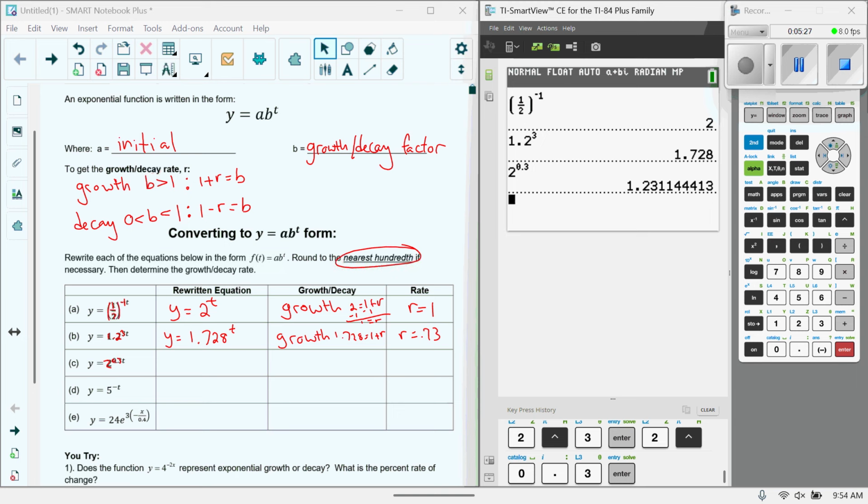And that's going to show me y equals 1.23, rounding to the nearest hundredth.